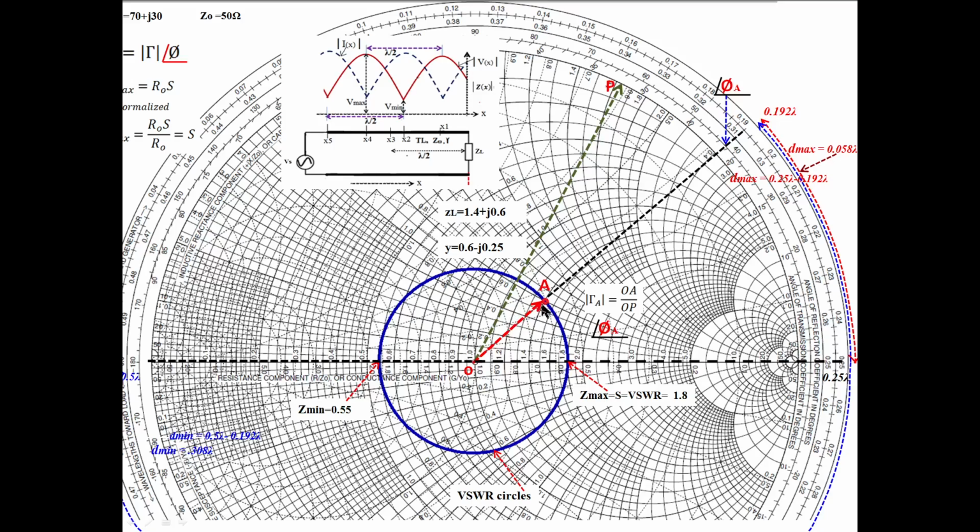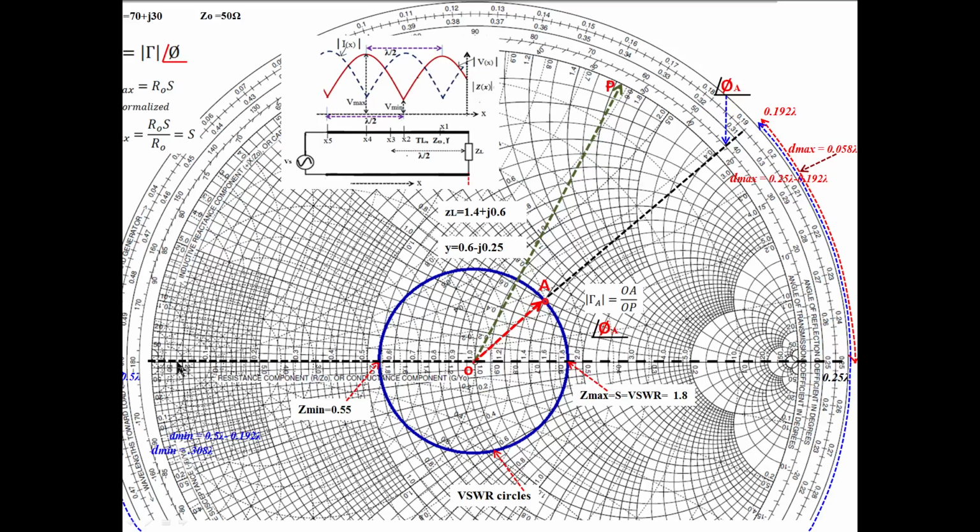What is the value of the load? So like that we can find the unknown load value, whether the maxima or the minima distance is given from the load. This is a converse approach: if the load is given, we can find the d maxima or the d minima distance.